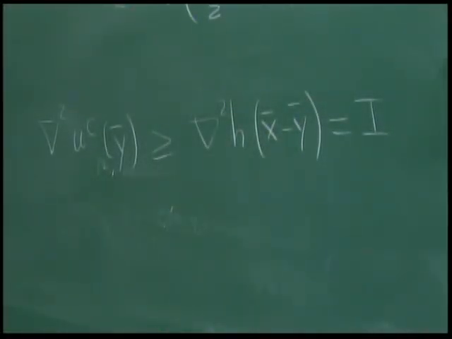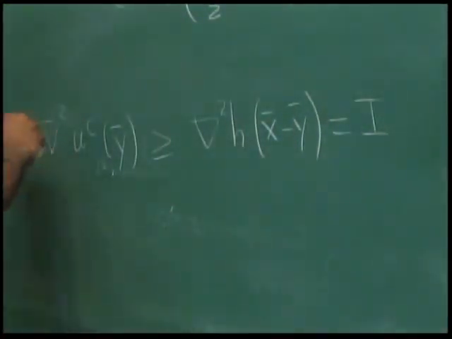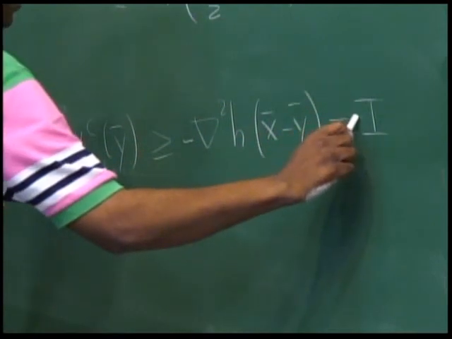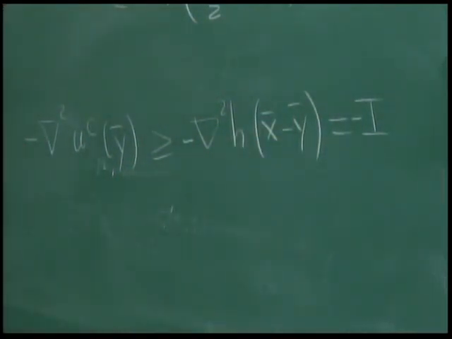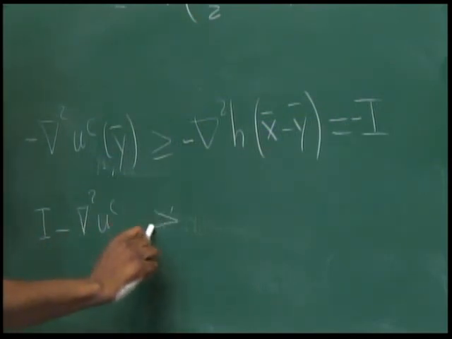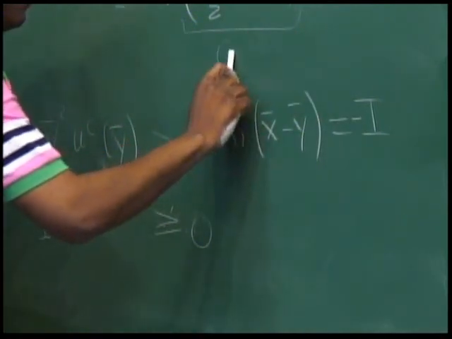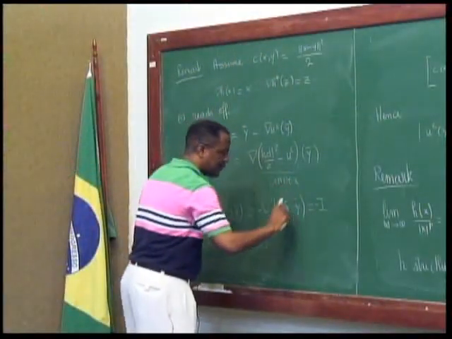So if I rewrite this, it will tell me that identity minus the second derivative of UC is greater than or equal to 0, which is telling me that this function is convex.